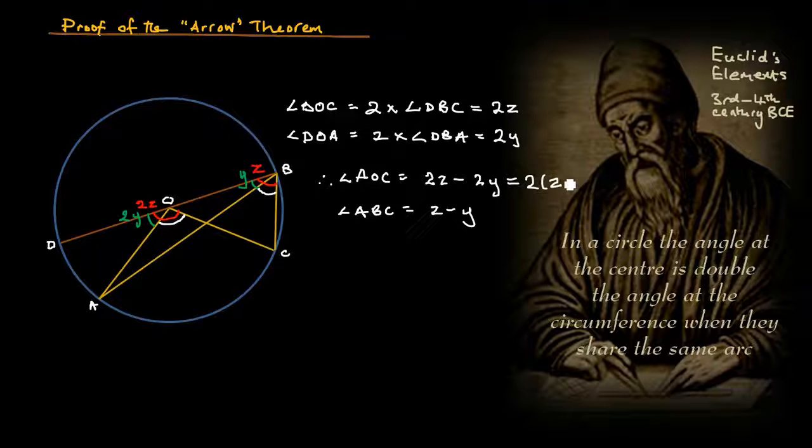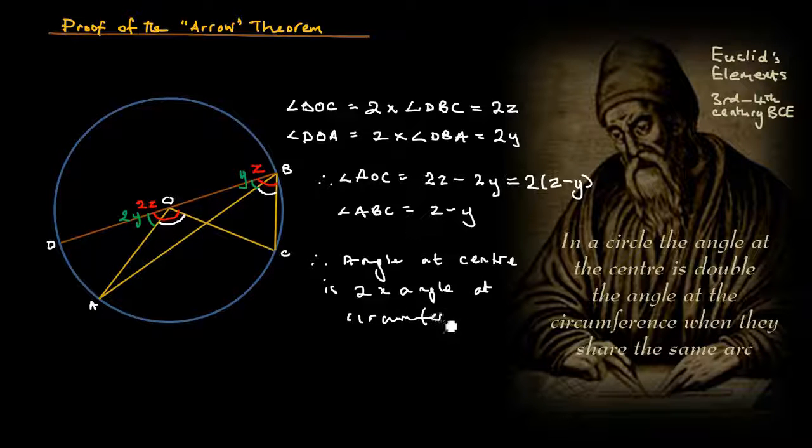So once again, might make it a little bit clearer if I just factor out the 2, so we've got 2 times z minus y, like that. Therefore, once again, angle at the centre is double the angle at the circumference.